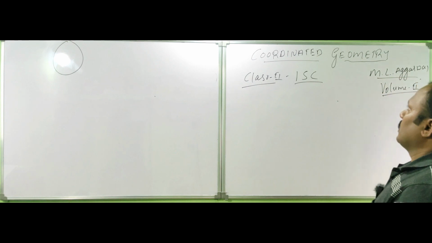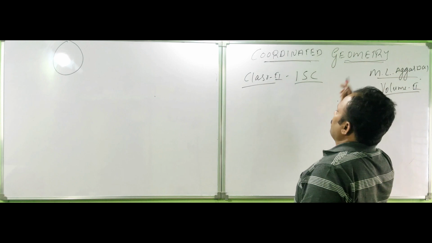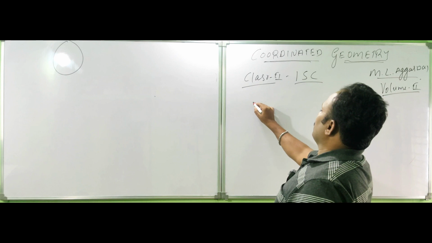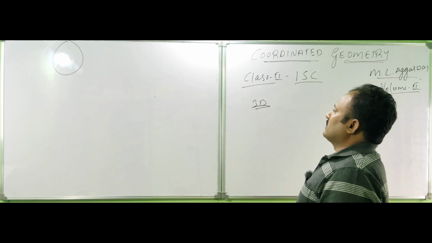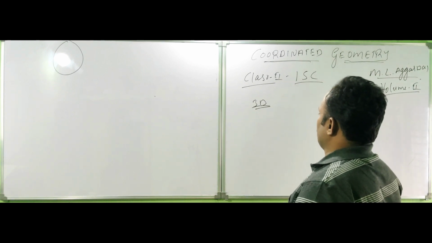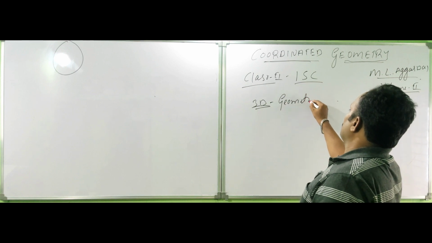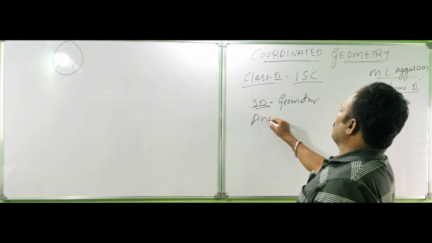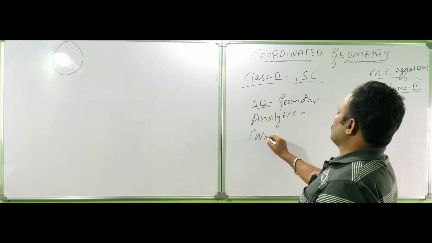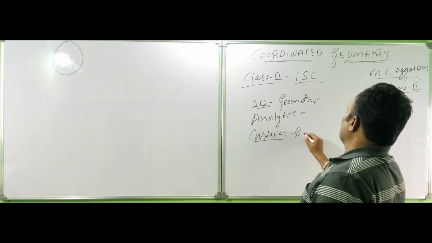The first chapter is coordinate geometry. We have various names for it: 3D geometry, for three dimensions, especially straight lines and planes, analytical geometry, Cartesian coordinate geometry.